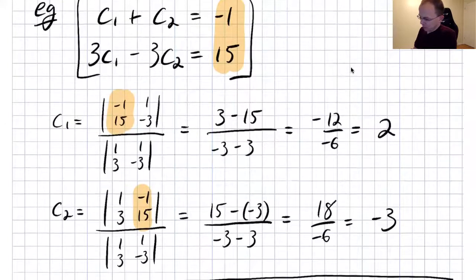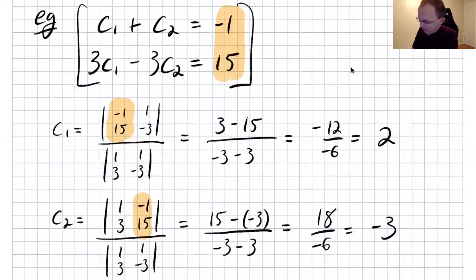First of all, we take the determinant of the coefficient matrix. The coefficients here are 1, 1, and 3, minus 3. So we do the determinant of that. In the numerator, we take the determinant of the same thing, but we replace the first column with the right-hand side.